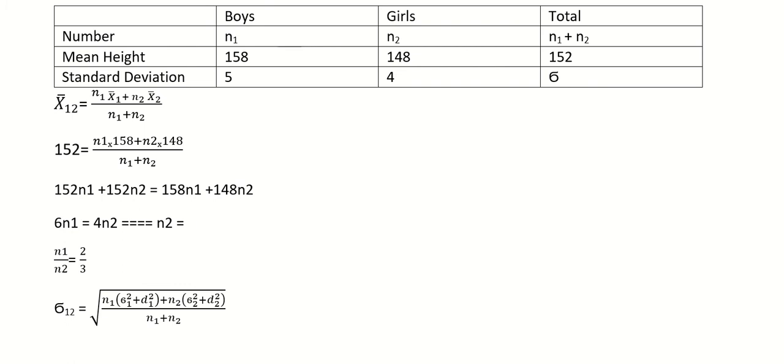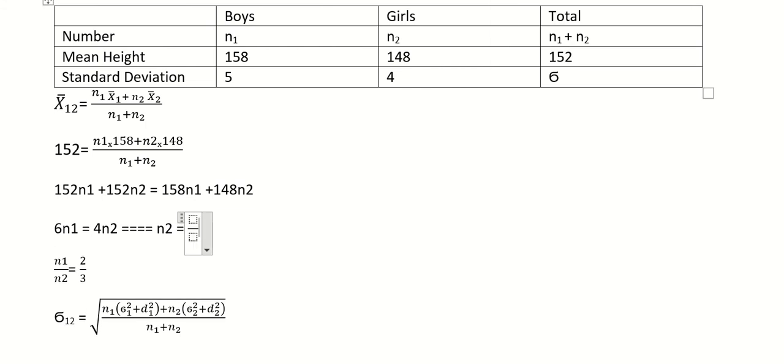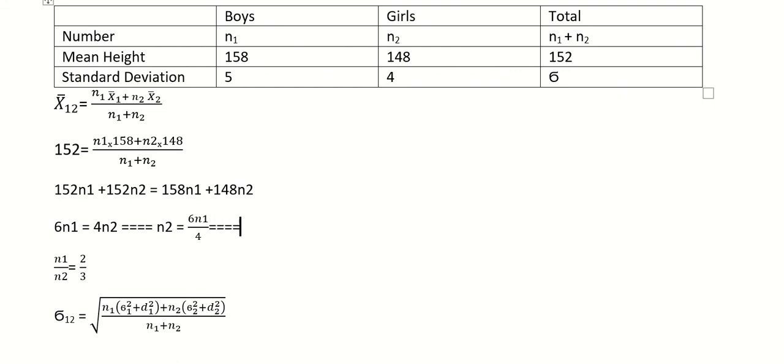So this is 4 and this is 6 n1, right? So this will ultimately become n2 equals 1.5 n1. So this value we can use further in the question, right? So I will also write it as equation 1.